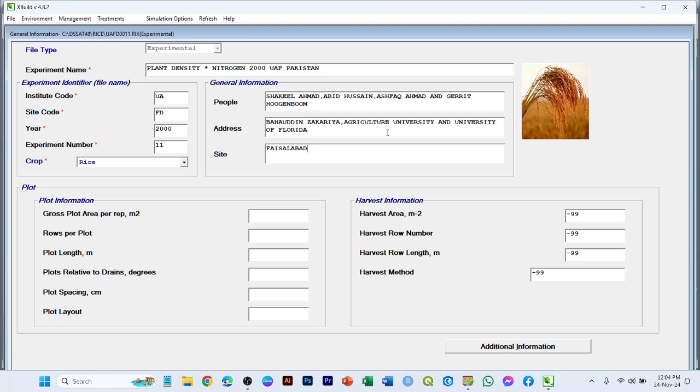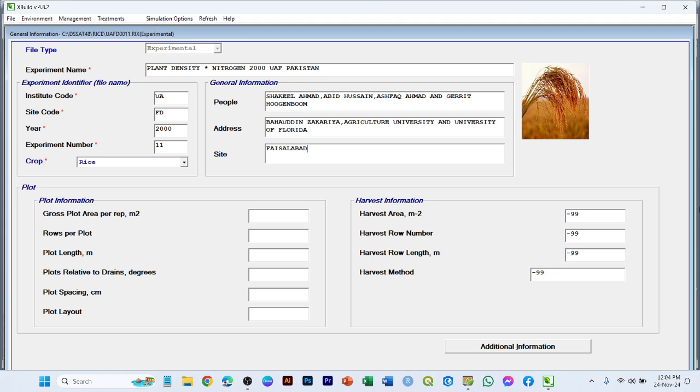Top left side. This is also XBuild version 4.8.2. This is the name of this specific file. Instead of writing the whole experiment, it is written as, you can say, code X.